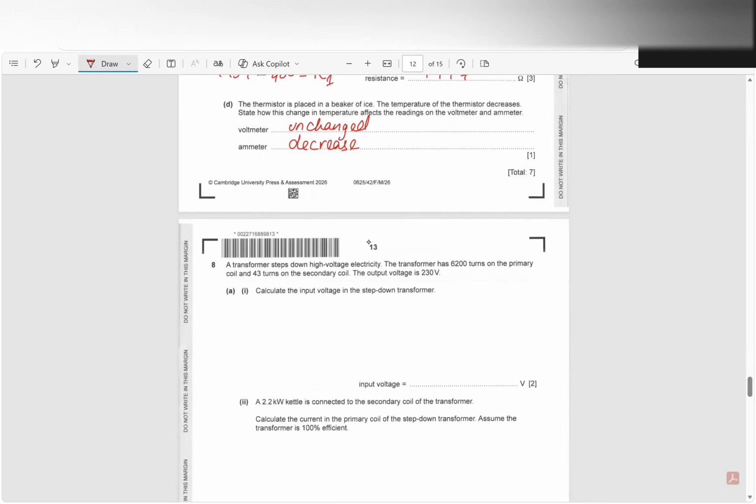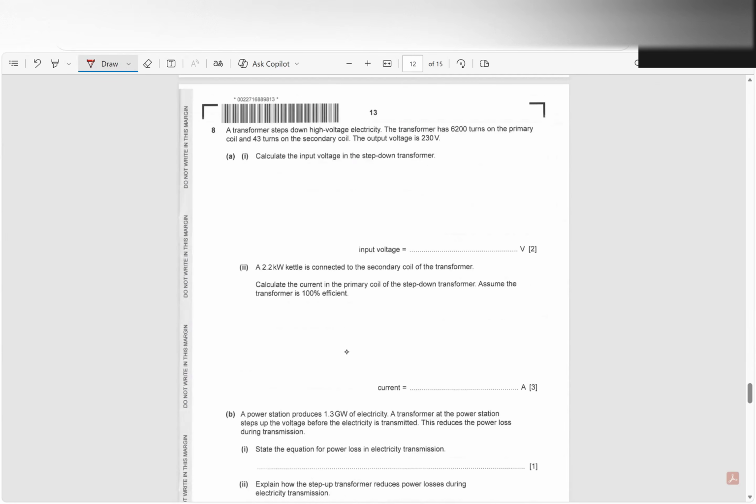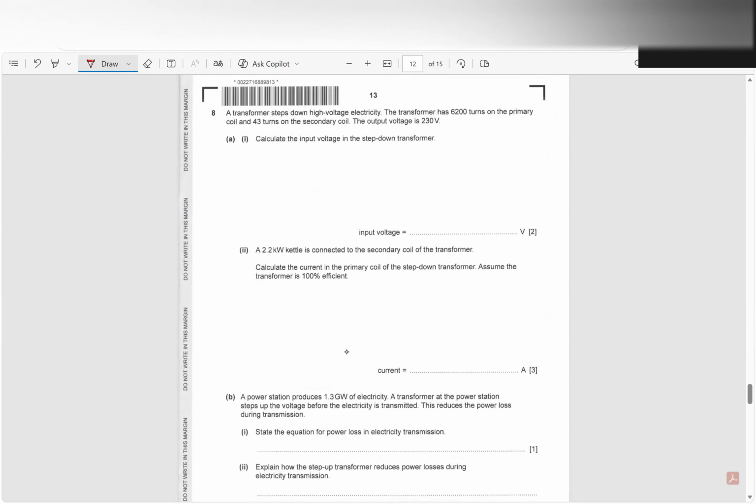Moving on to the 8th question. It says a transformer steps down high voltage electricity. The transformer has 6,200 turns on the primary coil and 43 turns on the secondary coil.